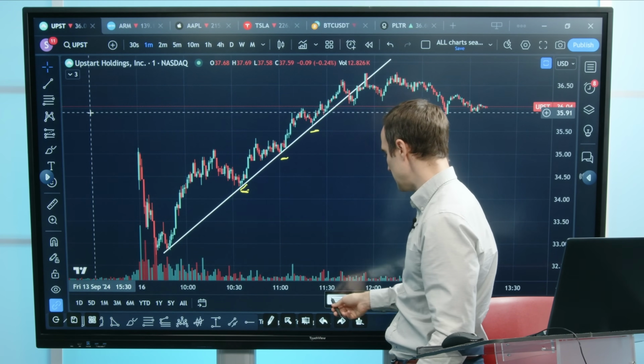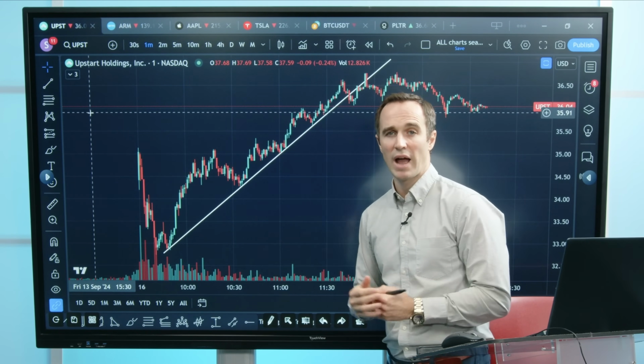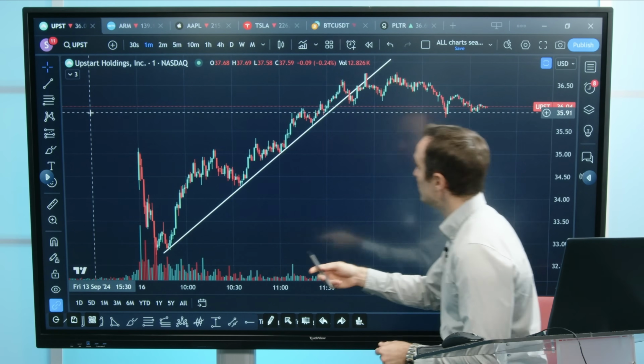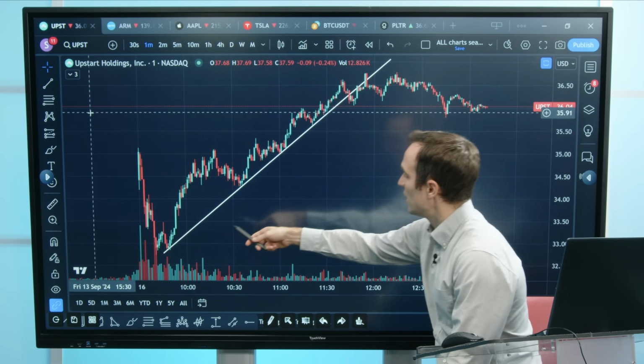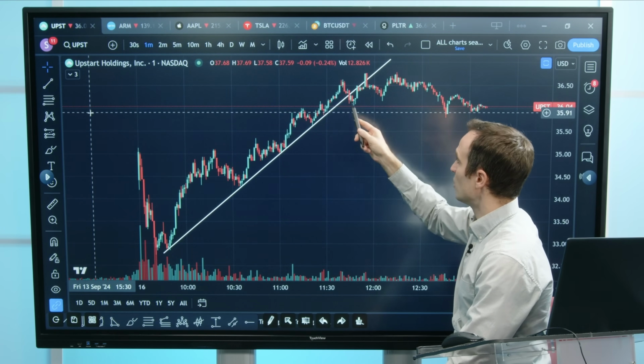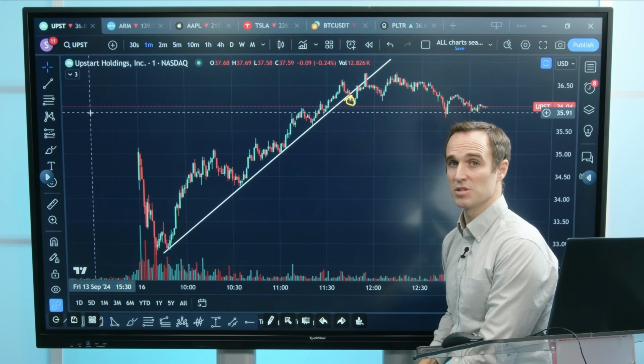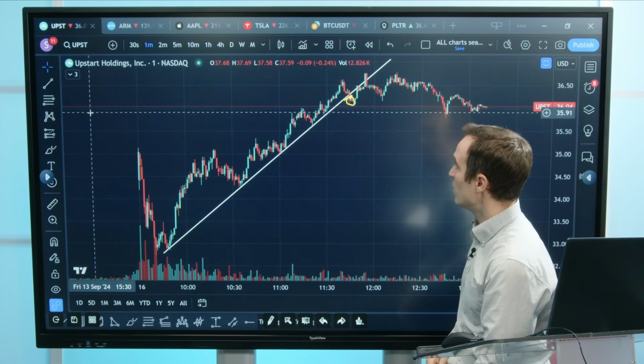Basically the idea with a trailing stop is to get the maximum move out of a stock. And you can see that if you use the manual trailing stop on this stock today, you would have stopped out right about here, and you would have maximized your gains on this stock. So very, very important.